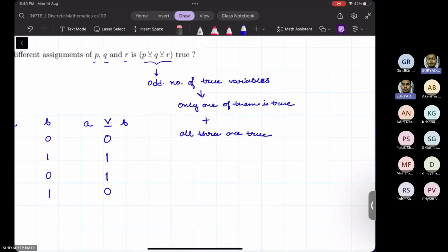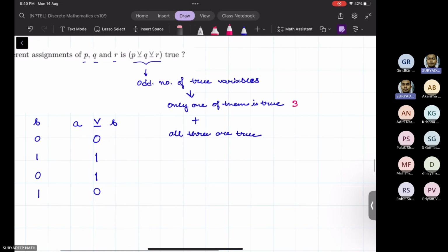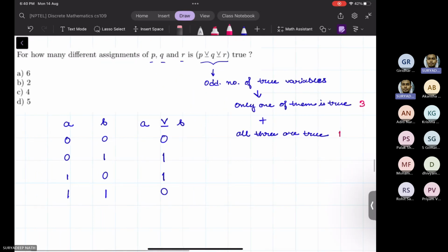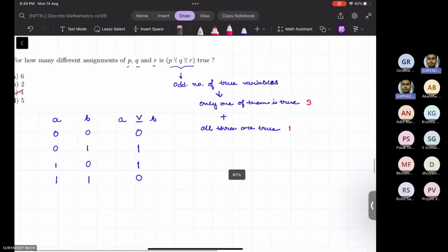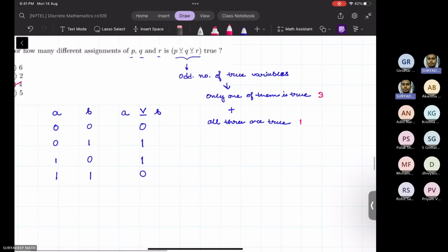If only one of them is true, it could be that either P is true, or Q is true, or R is true. So we have three instances here, and all three being true is one more instance. So in total we have four instances. So the right answer is option 4. We can check this by drawing the truth table as well.